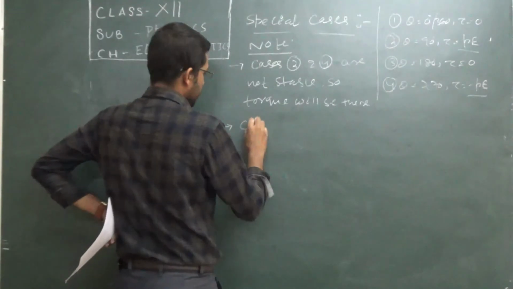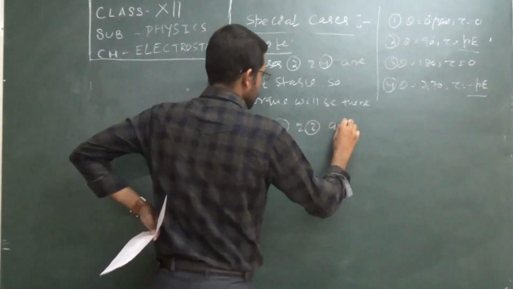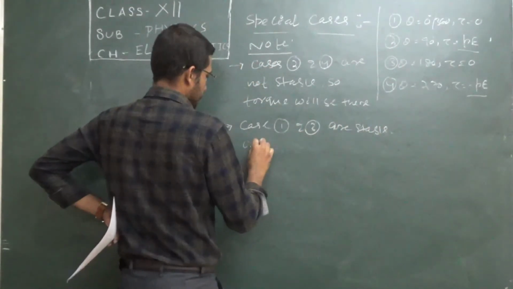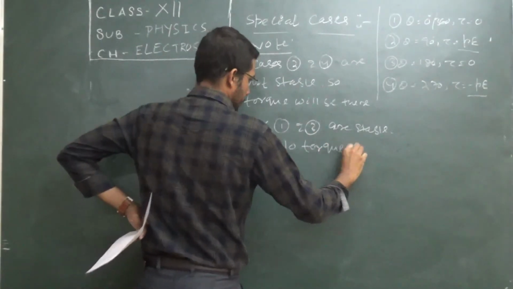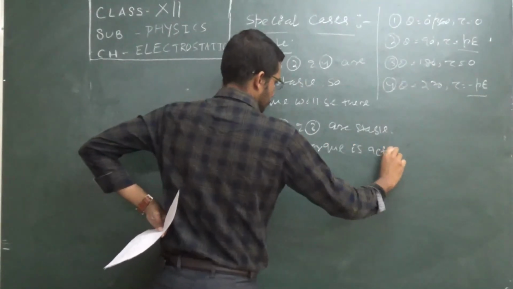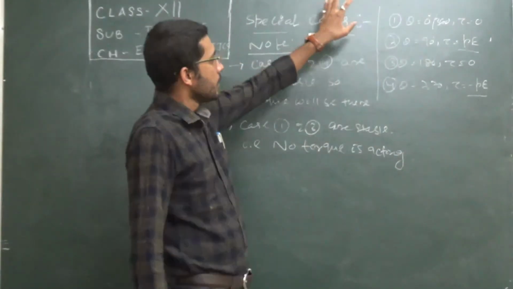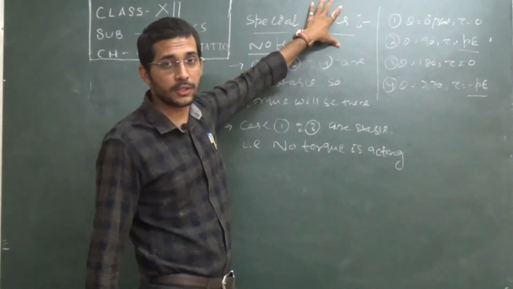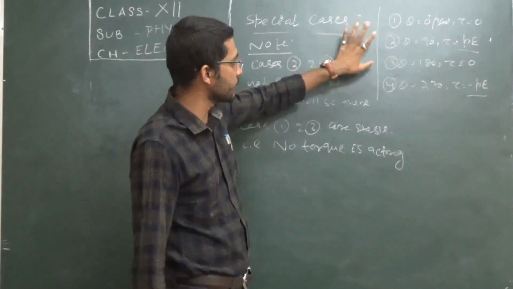Second one is cases 1 and 3 are stable, that is, no torque is active. So you write both of the cases. Like if the question comes, write an expression for the torque when an electric dipole is placed inside a uniform electric field.